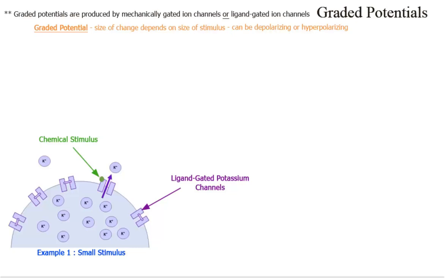So in this particular image, we see that there is a small stimulus, meaning that only one chemical molecule is around to bind to one of the ligand-gated potassium channels. So only a little bit of potassium is able to leave the cell. And remember that as potassium leaves the cell, this causes the inside of the cell to become more negative.